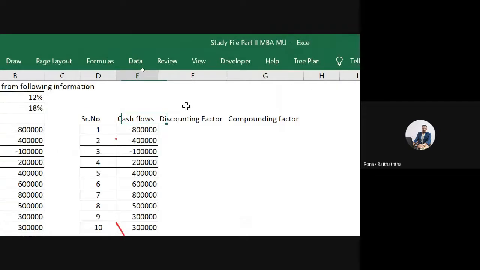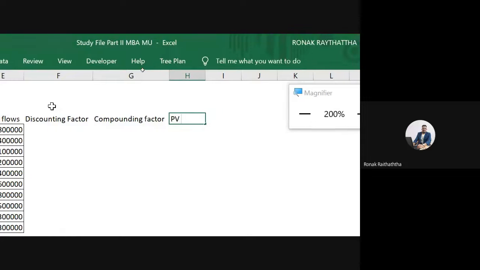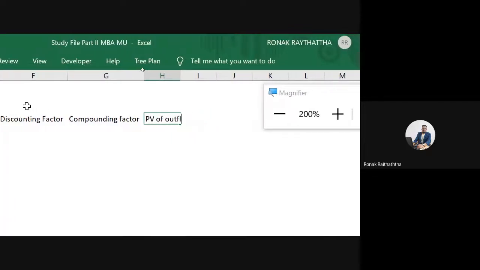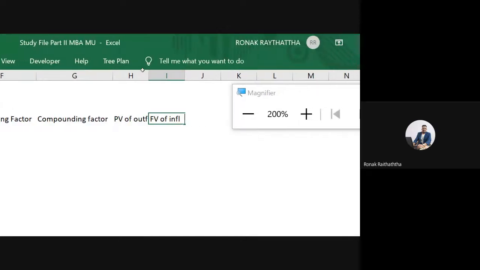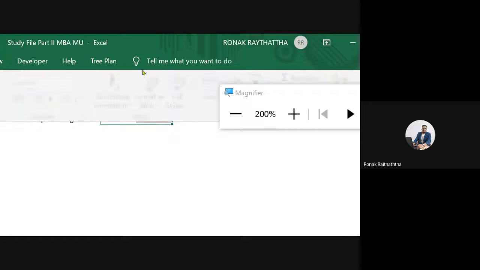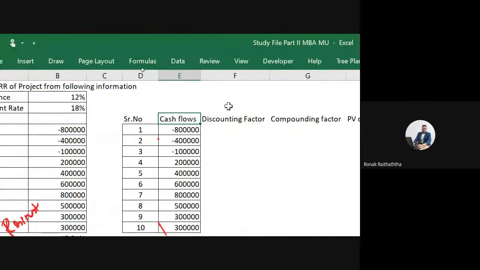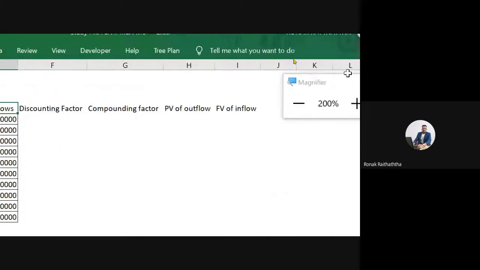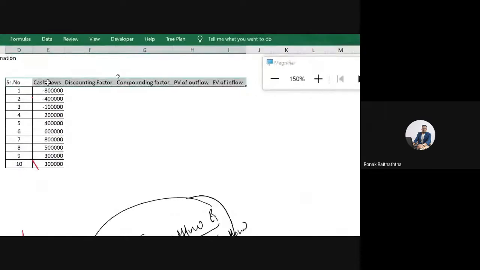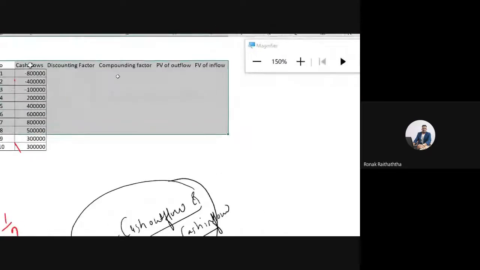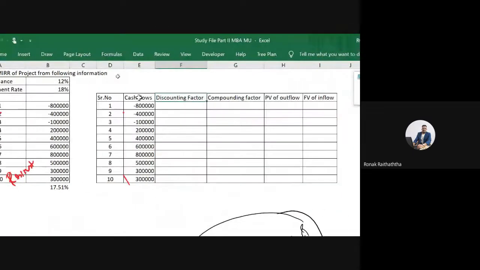And then PV of outflow and FV of inflow. These two more columns will be there. So this is how your table will be looking.